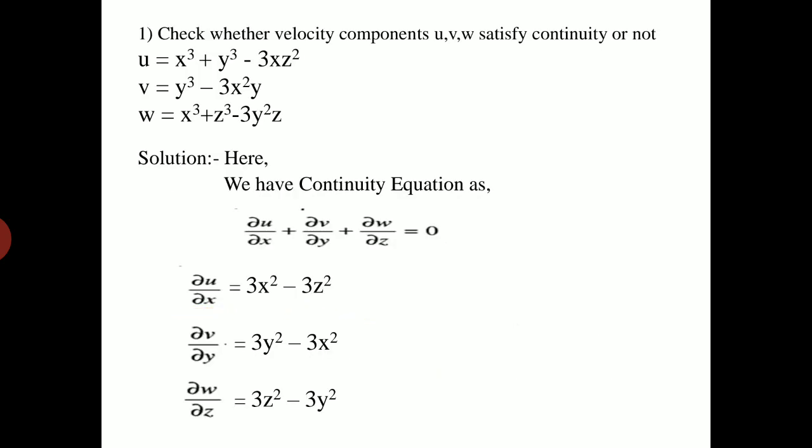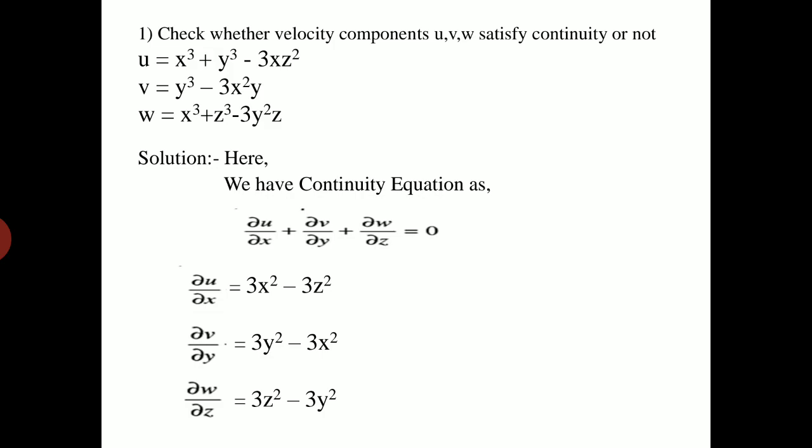So the first numerical is to check whether the velocity components u, v, and w satisfy the continuity equation or not. So these are the various components being given of the velocity, that is u, v, and w, where u is x cube plus y cube minus 3xz square, v is equal to y cube minus 3x square y, w is equal to x cube plus z cube minus 3y square z.